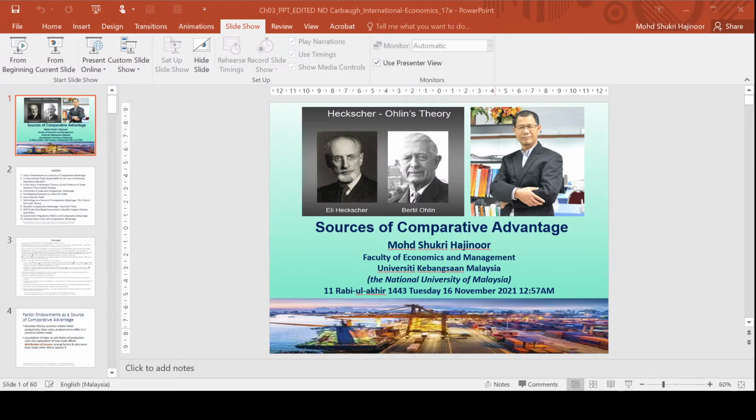Ricardian theory assumes relative labor productivity, labor cost, and product prices differ in two countries before trade, based on autarky. Autarky price, lower cost, and therefore lower opportunity cost.